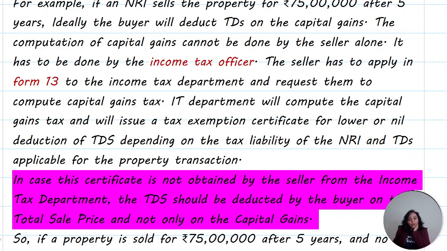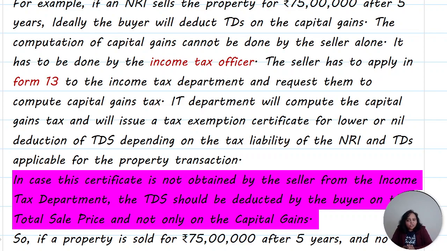Now see, ideally, what happens is the buyer who is buying the property has the liability, the responsibility of deducting the TDS before transferring the final sale value to the seller. Okay, the responsibility is on the buyer of the property.